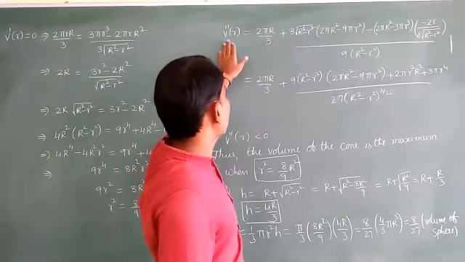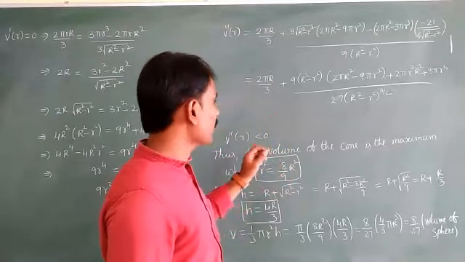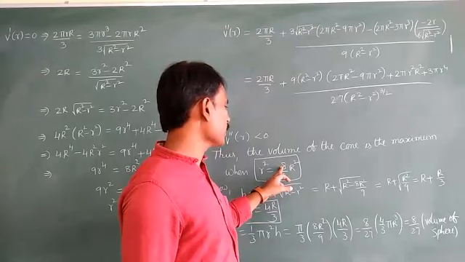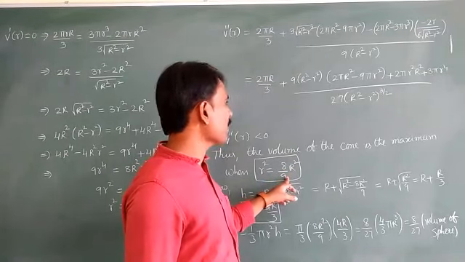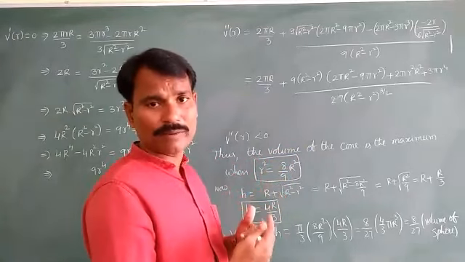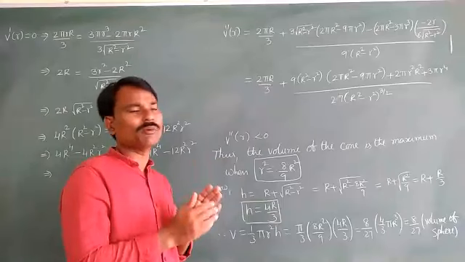And here also V double dash of r, this is the simplification for you. But in the place of small r square, you can keep 8 into capital R square by 9. You will get some answer, but it will take much time to simplify this. That's why in these problems, no need to give much value.